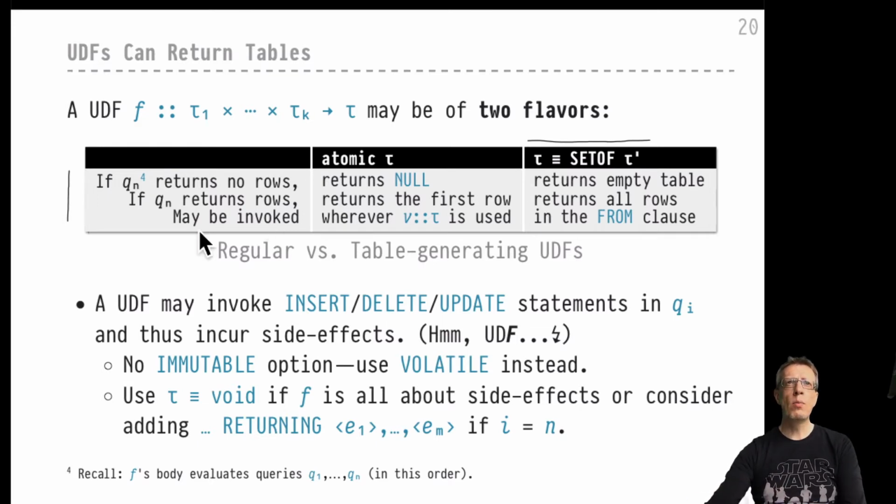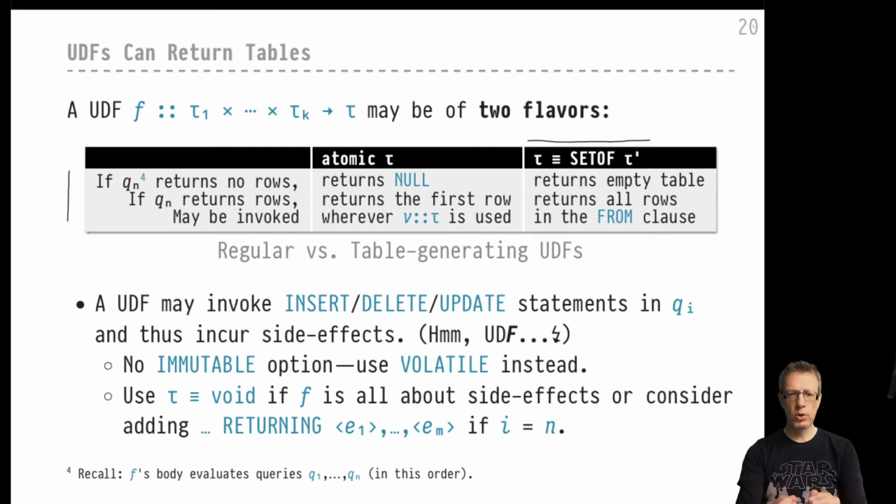So where may such functions be invoked? Well, if f is an atomic function, we will be able to invoke it wherever such a value v of the return type tau is being expected. UDFs can really be inserted everywhere where an atomic value of tau is expected. If f is a table generating function, then we may invoke f everywhere we would iterate over or invoke a table in a from clause.